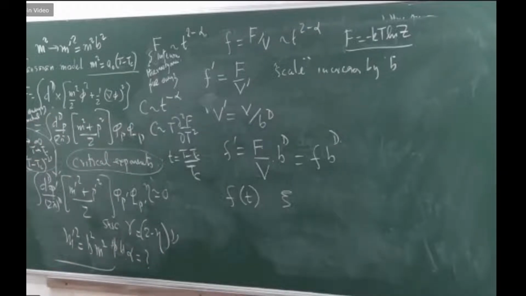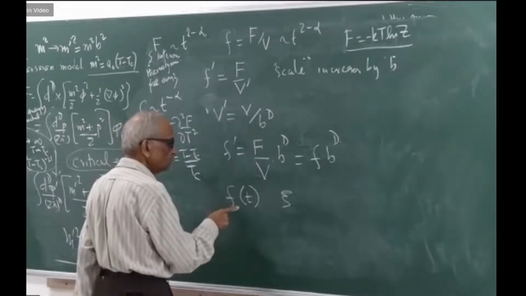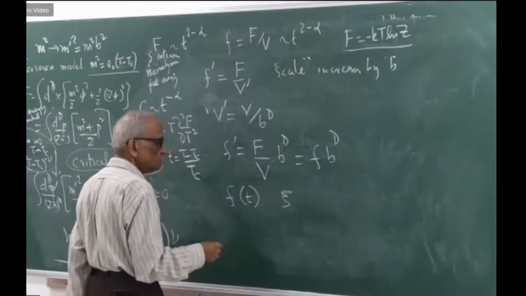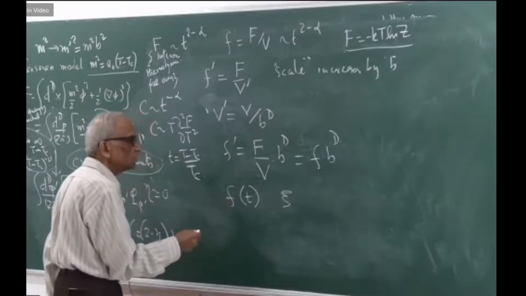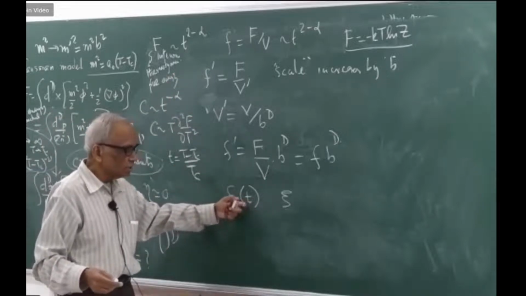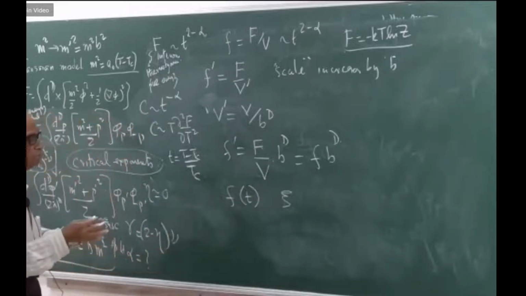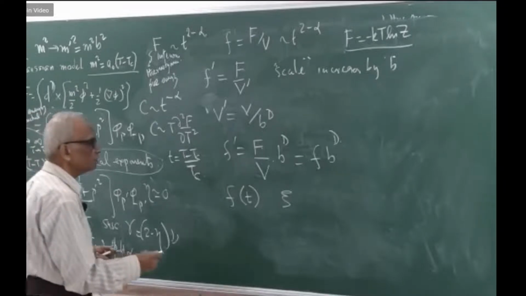And then the point is that, look, at the next step, this f of t, which I started out with, is going to become some f of t prime. The question is, what should be the transformation?